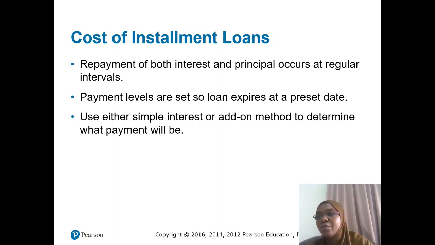Unlike the single payment or balloon kind of loan, you are going to pay both the principal and the interest over time. So you can use either the simple interest or the add-on method to determine what the payment will be. Note that we can use both the simple interest or the add-on method.